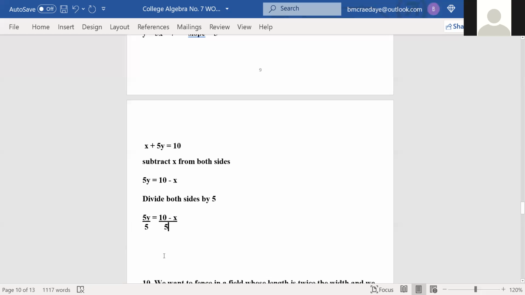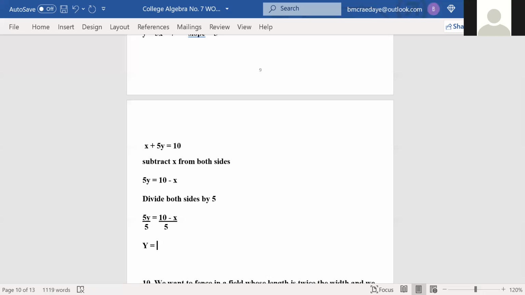So what do I get on the left, Latoya? What's 5y over 5? Just y. Put a little y. Equal, and that's 10 minus x.